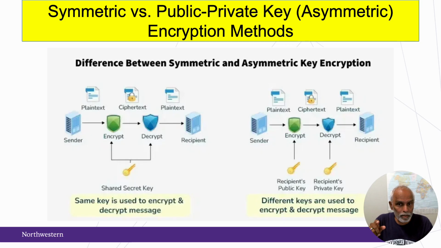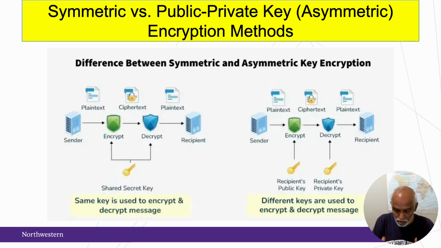But the private key, which is kept secret by the recipient, is the only thing that can decrypt it. So it's a two-part key. When the recipient receives the ciphertext, they use the private key to unlock it and turn it into plain text that they can use. That is the asymmetric encryption method, also called public-private key.